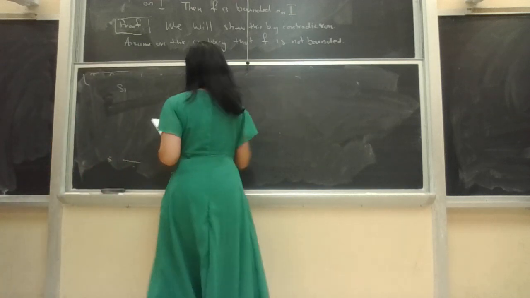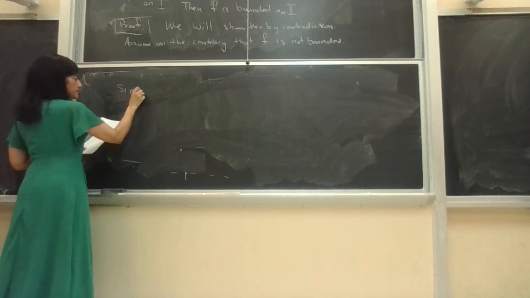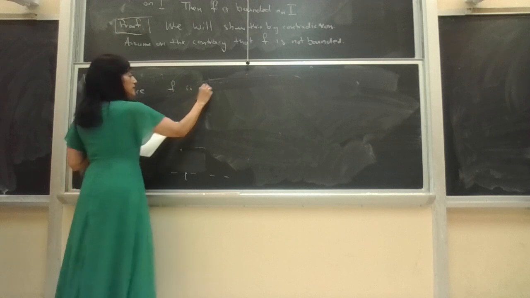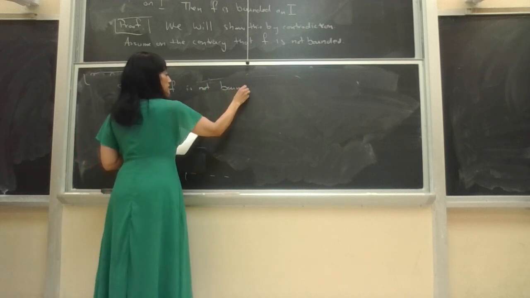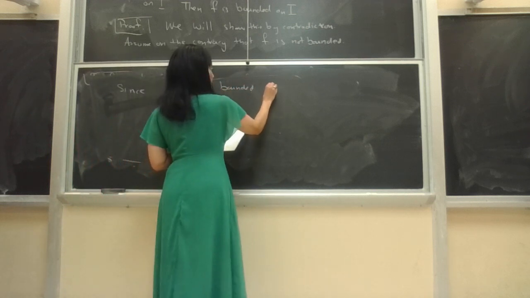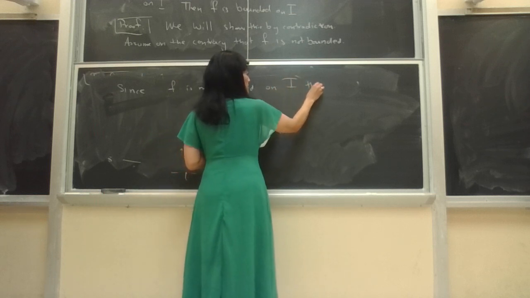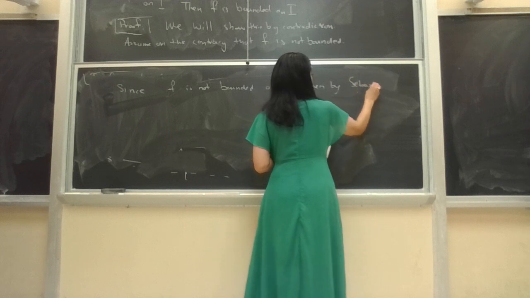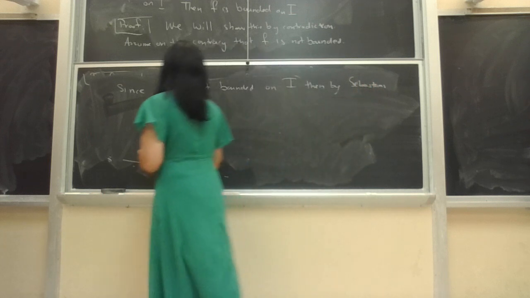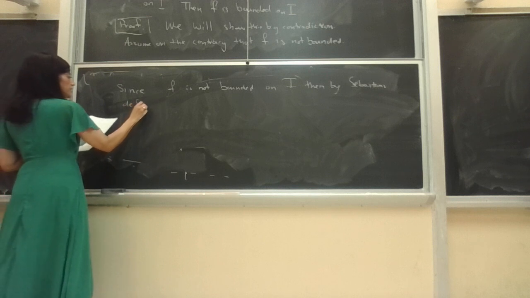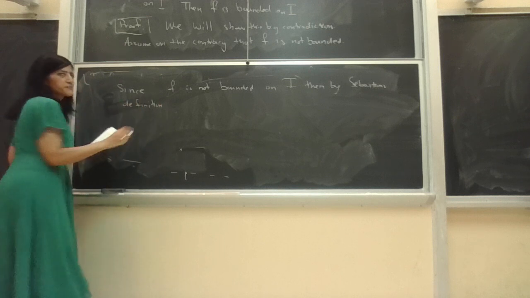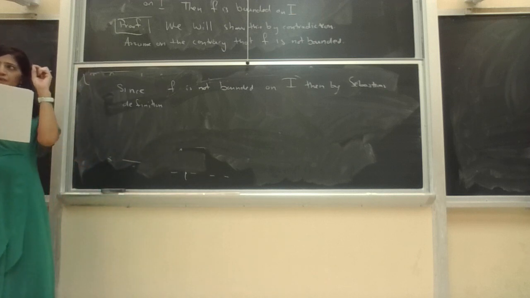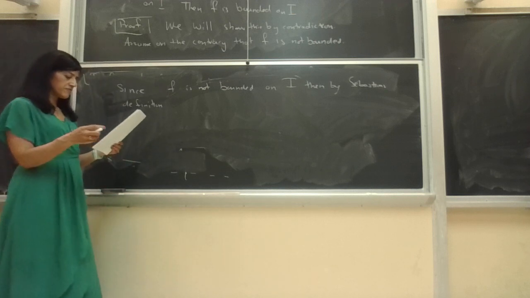One of the things Bartle I think does pretty well. So the proof is in Bartle too. But if F is not bounded on I, by the definitions you just put on the board, I can take a sequence, an x_n for every n.